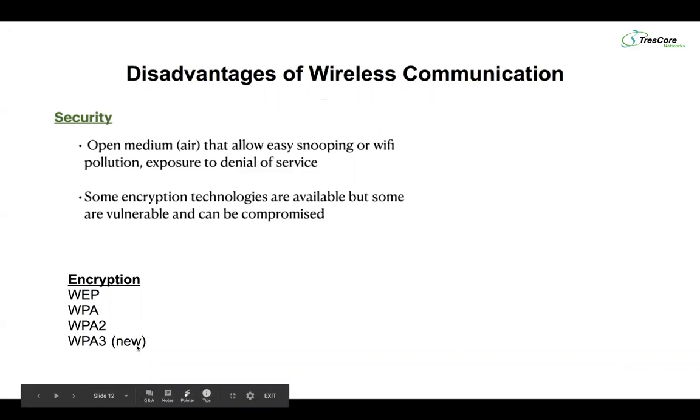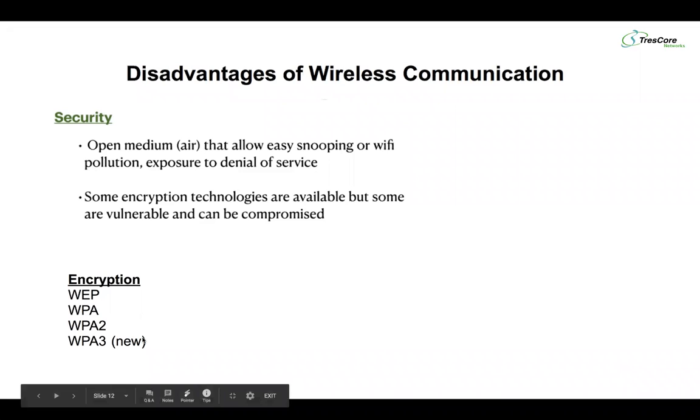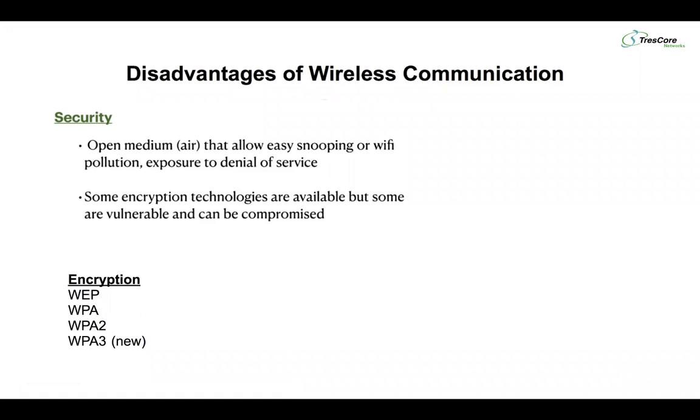WPA3 has additional features compared to WPA2. It uses something called forward secrecy. For example, when somebody captures all your data, even though they could not decrypt it, they somehow snoop and capture all your data, and then they try to somehow get hold of the key, they can try to replay what has happened.